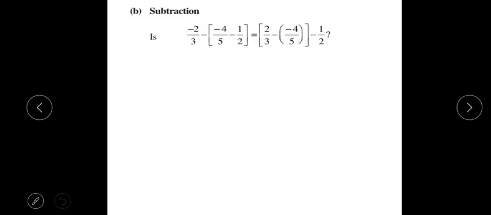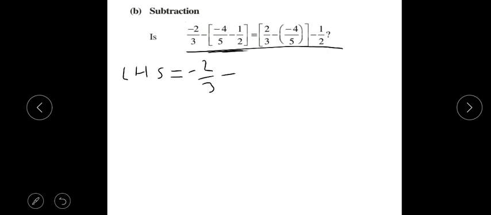Now for subtraction, would this be equal? Yes or no? No. Why? Let's solve it. Taking LHS, first we will operate these two numbers. So minus 2 by 3 minus, the LCM would be 10, so minus 8 minus 5.